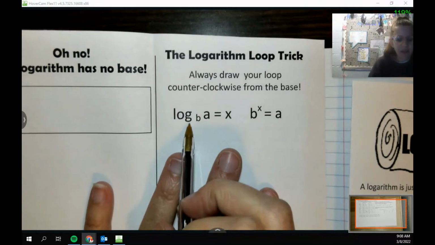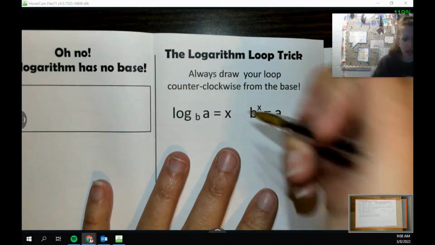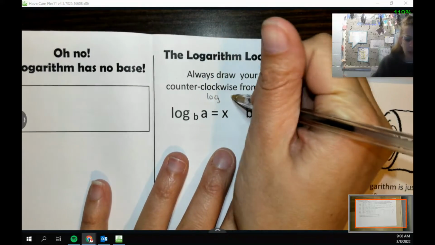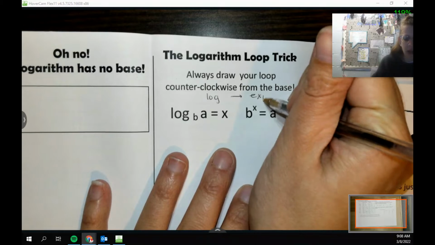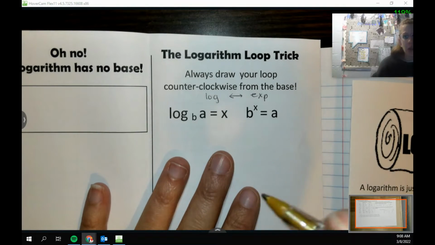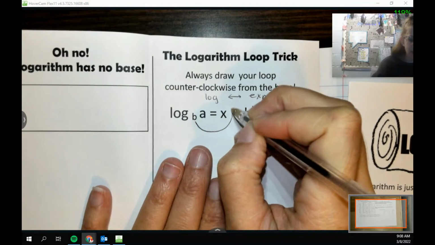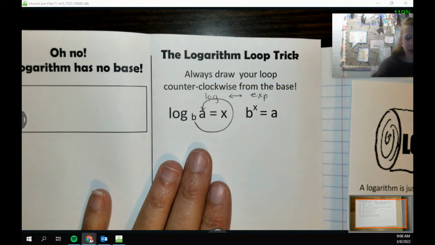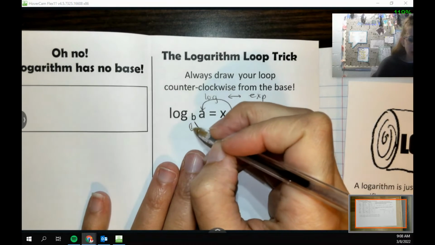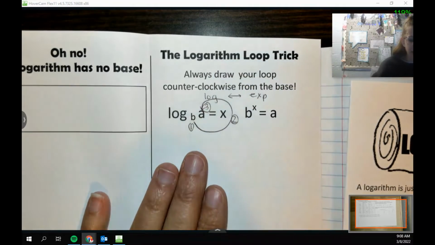So if I have a logarithm and I'm trying to convert to an exponential or vice versa, so log to exponent or exponent to log, you always want to start your loop at your base, and then we loop around until we get to the last number, and we write the numbers in the order that we passed them. So I started here, I passed this, and then I ended here.